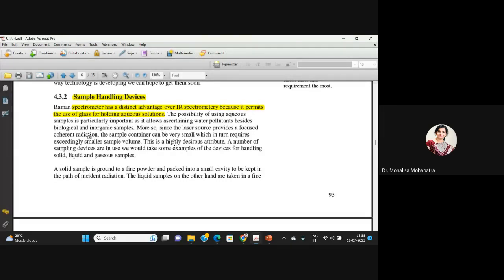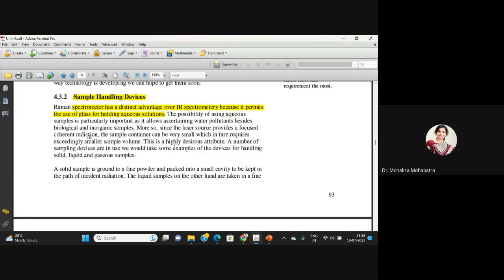I was showing you the cuvette. The cuvette is so small, and the quartz cuvette is readily available and cheap as compared to making the NaCl and KBr IR windows, which are very costly.